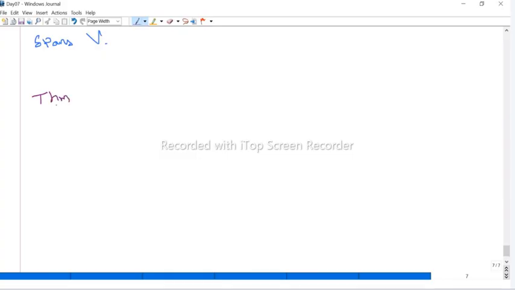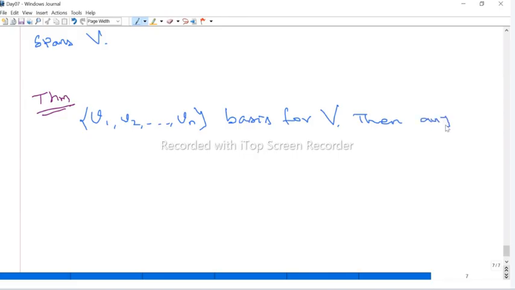Suppose v1, v2, etc., vn is a basis for the vector space V. Then any small v in capital V can be written as a linear combination of these elements in a unique way.